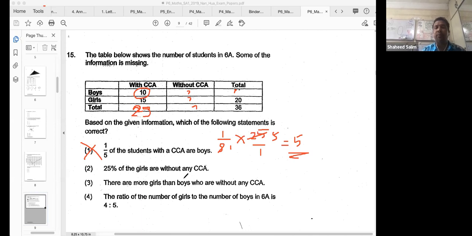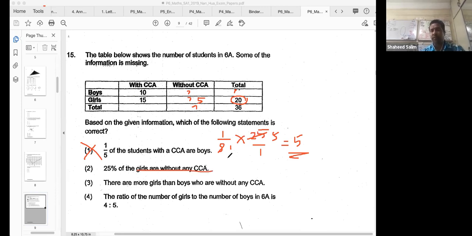25% of the girls are without CCA. Do you know the total number of girls? So you see 15 plus what equals 20? Very simple, 15 plus 5. So let us find out the girls without CCA.